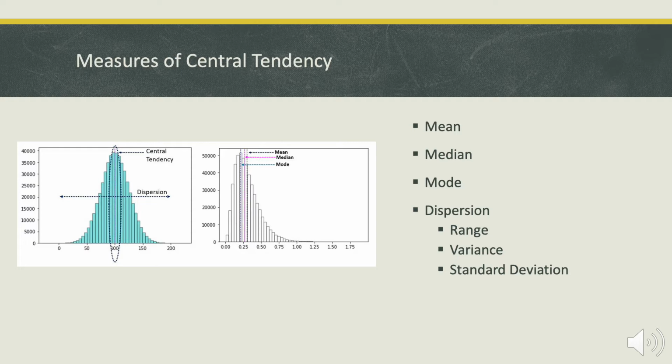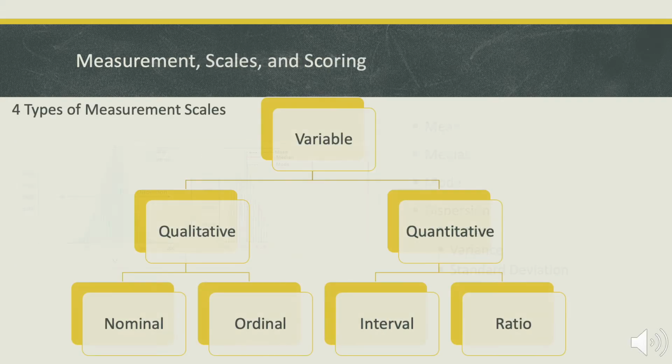Standard deviation takes into account all of the scores, and it calculates the average distance from the mean of all the scores. So it's very powerful when we're looking at dispersion. It's more fine-tuned than the range, because the range is just the highest and the lowest, but with standard deviation, all of the scores are being considered. So that's important when we're reviewing testing results.